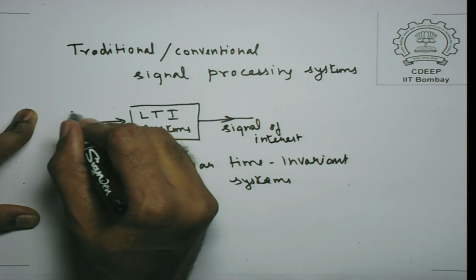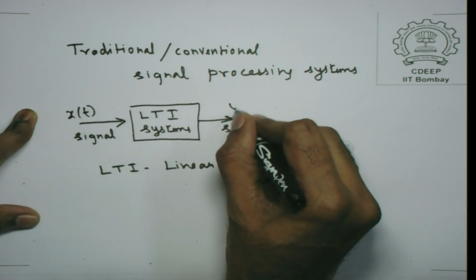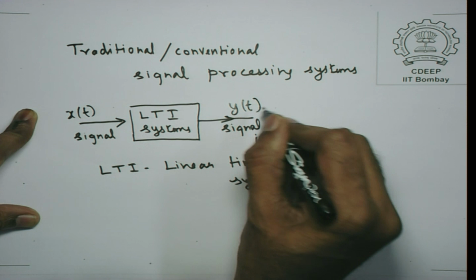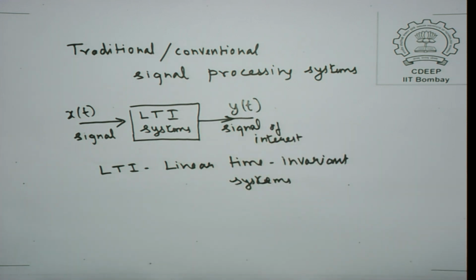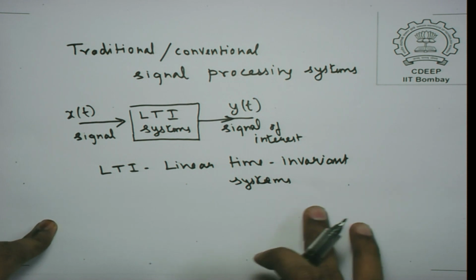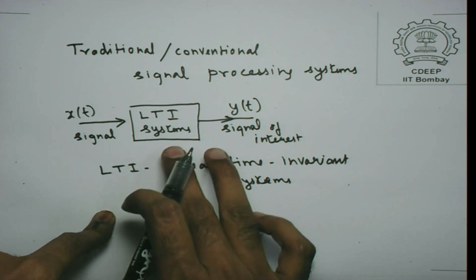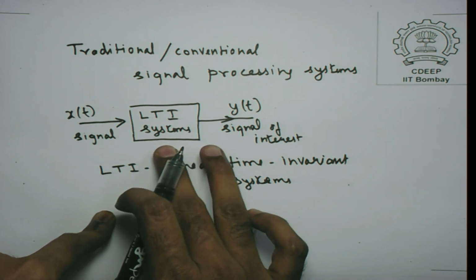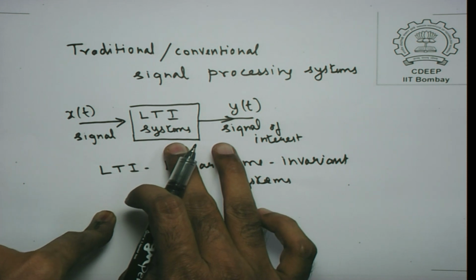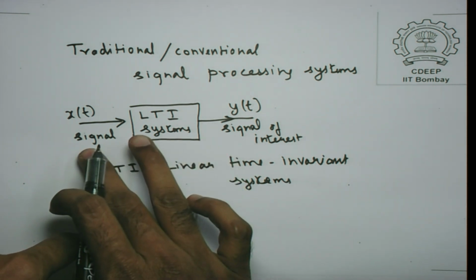We typically say that the input signal can be denoted as x of t and the output signal as y of t, if you are looking at continuous time systems. This is the notion of systems which we are more familiar with. In previous courses, you would have studied these linear time invariant systems, which have very good properties, assuming your input signals are deterministic signals.